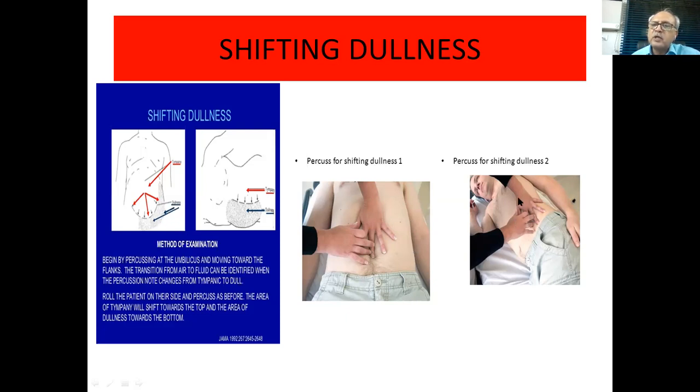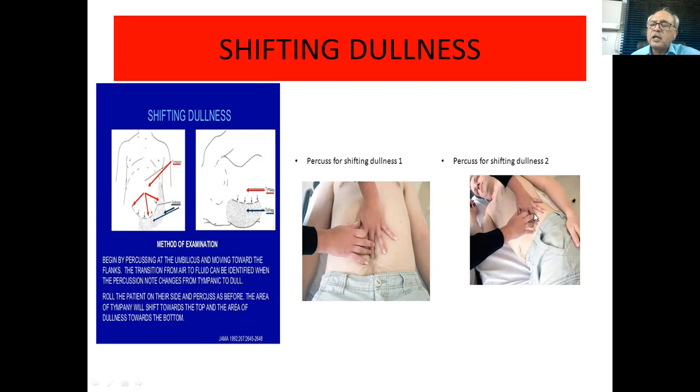So when it becomes dull, now you ask your patient to change his or her position and keep the patient in this position for 20 to 30 seconds. After 20 to 30 seconds, the fluid, if it was present in this iliac fossa, will be shifted downwards towards the other iliac fossa. And now the note in this iliac fossa will become resonant.